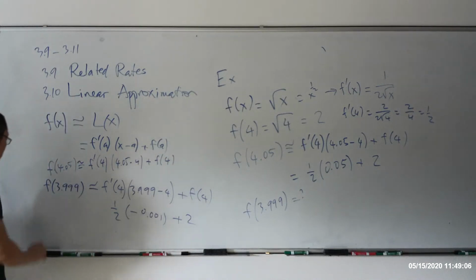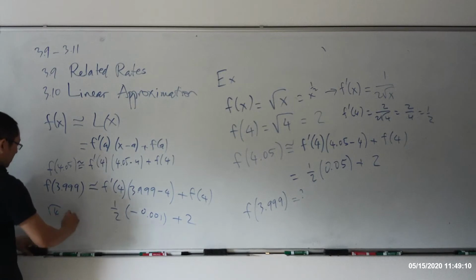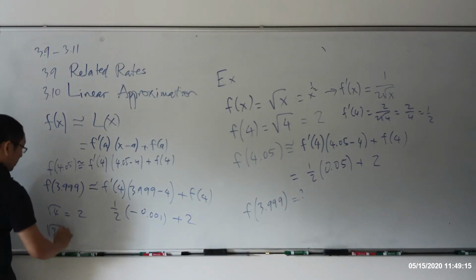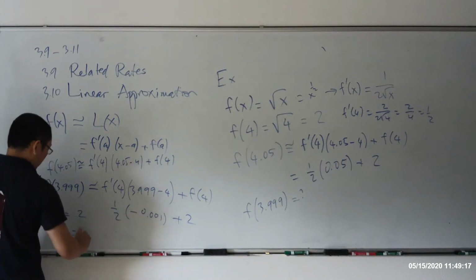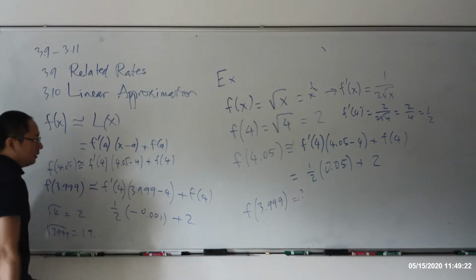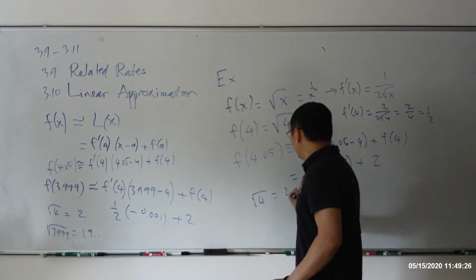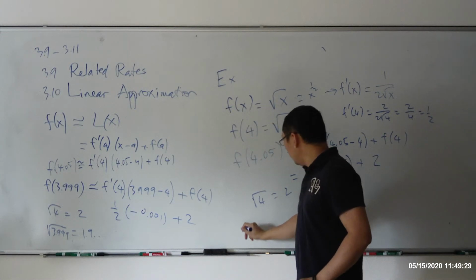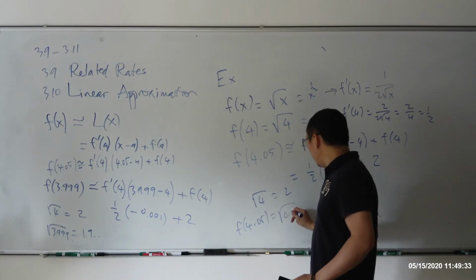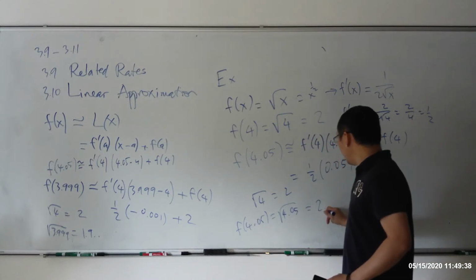So you know square root of 4 is equal to 2, then square root of 3.999, you calculate this number, it's going to be 1.9 something. And f of 4.05, the square root of 4.05, is equal to 2 point something.